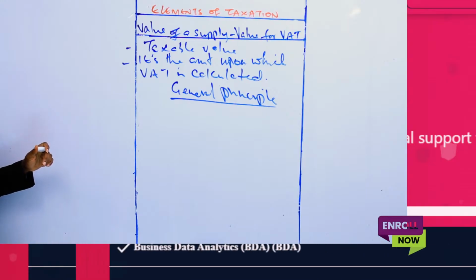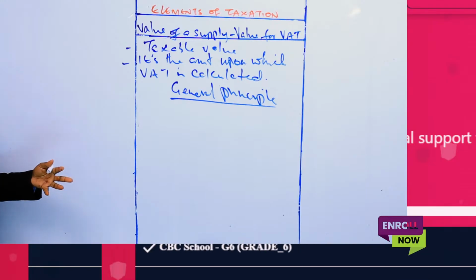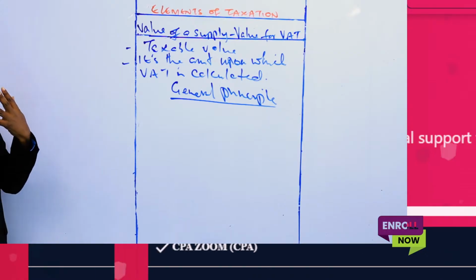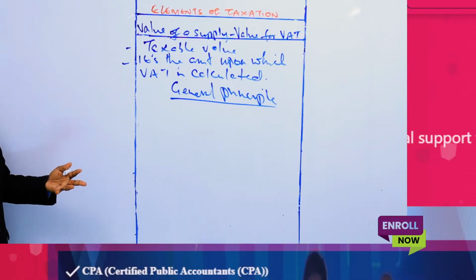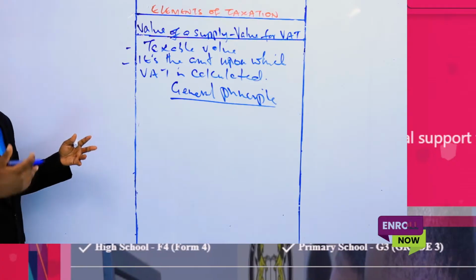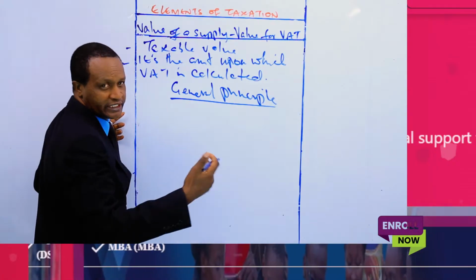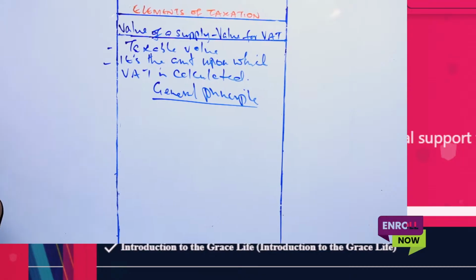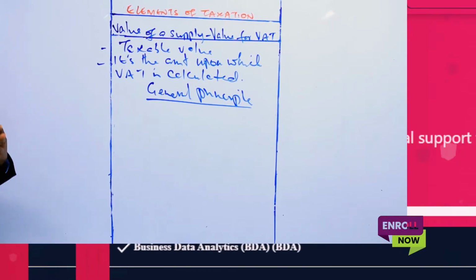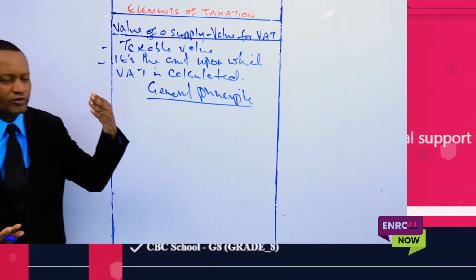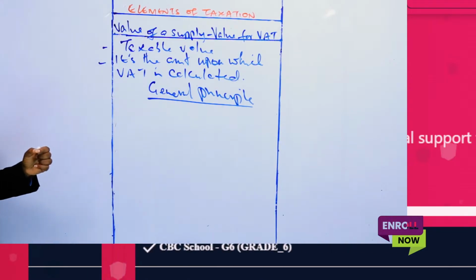The taxable value of a supply of goods or services is generally considered the consideration price paid or payable for the supply, excluding the VAT itself. That means it's the net amount before VAT is added.